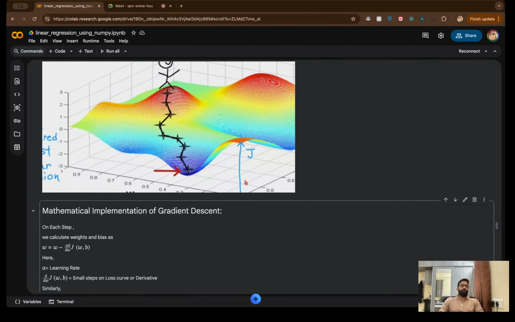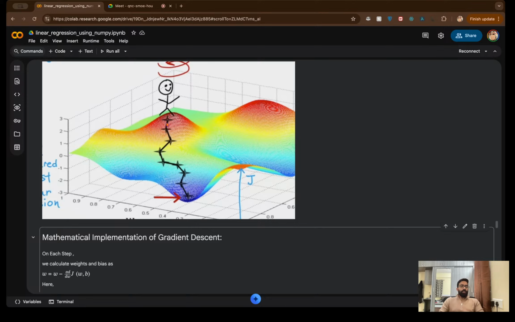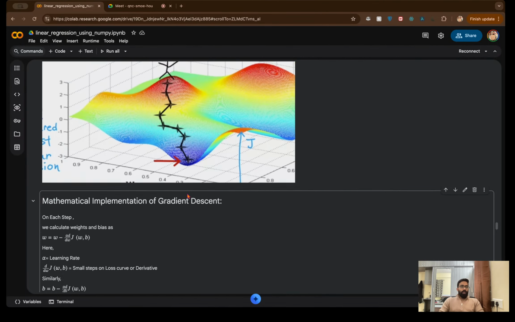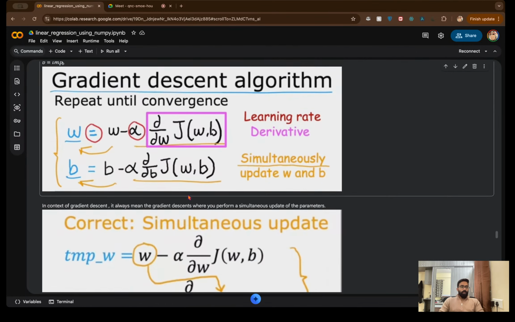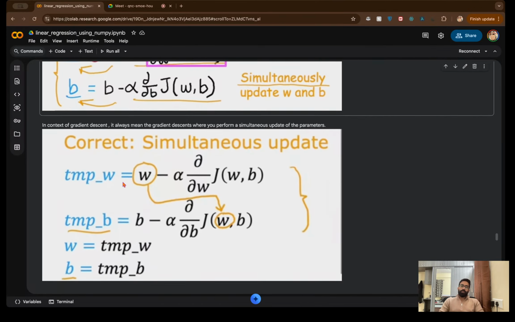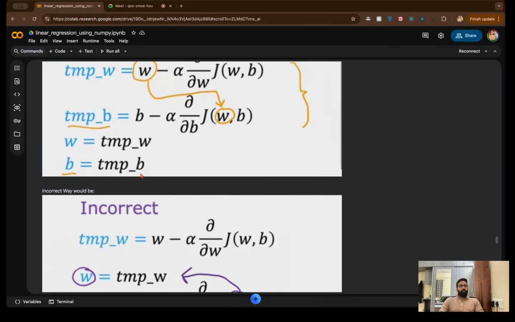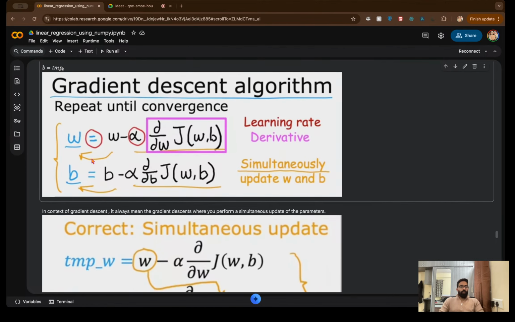What do I mean by simultaneously? Let's say at the top of the hill, I calculate the value of w where I will get the minimum convergence, with the help of this formula, and I also calculate the value of b as well. Why are we doing the simultaneous update? Because we are updating the value of w every time.